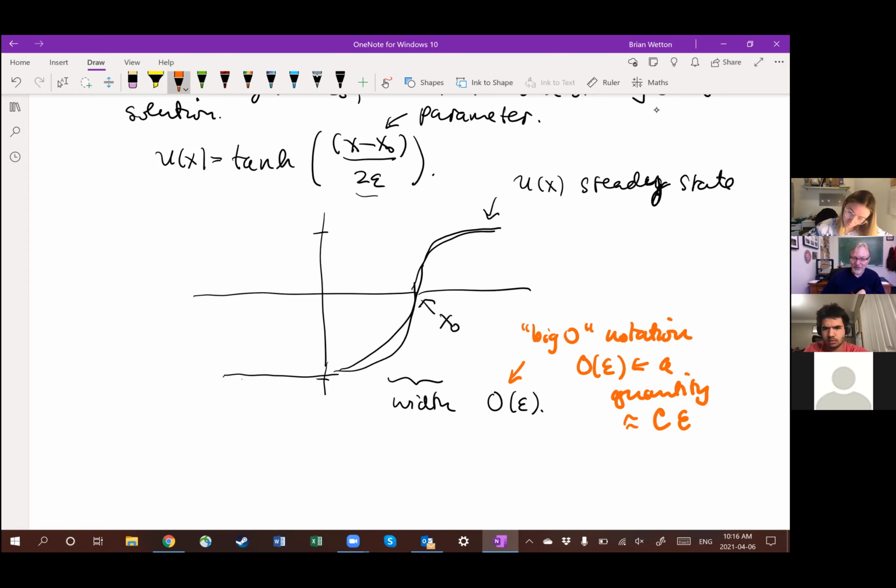So this is just a rough scaling thing. When you see big O, it's just saying, I've got a parameter, and it could be big, it could be small, and I'm interested in how some other quantities behave on it. I've tried to think back and figure out whether we had introduced this big O notation in the class previously. Of course, you might have seen it in other classes.